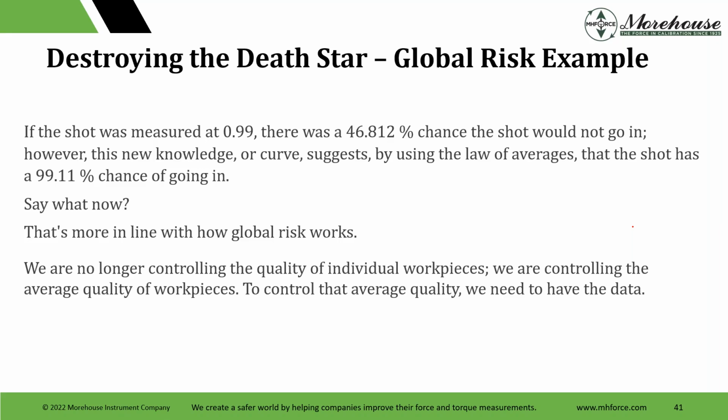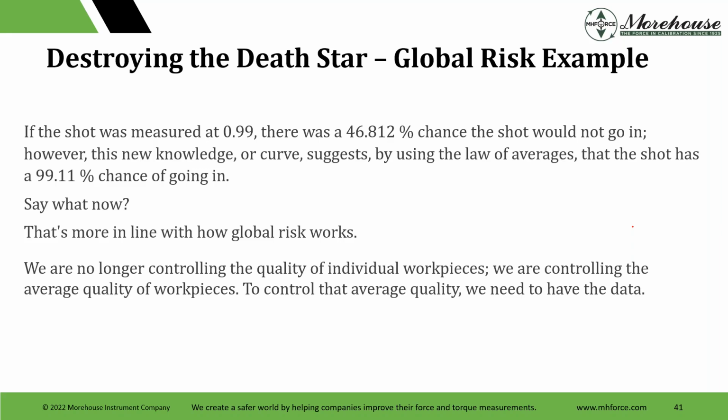So now we take that law of averages and we say, yeah, well, under specific it fails, but under global, since we're using a lot of measurements, and Luke had shot 100, he made 99 out of 100 Womp Rats or whatever. So we're no longer controlling individual work pieces. We are controlling the average quality of all the work pieces.